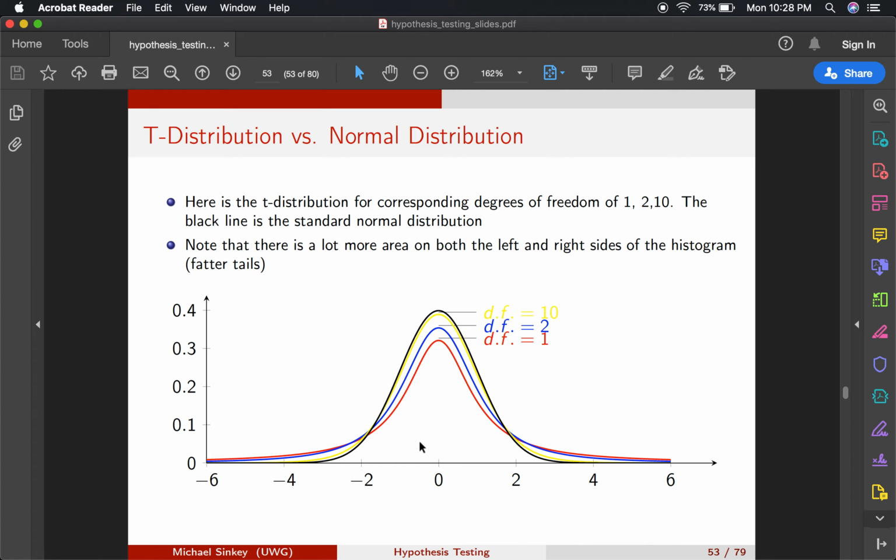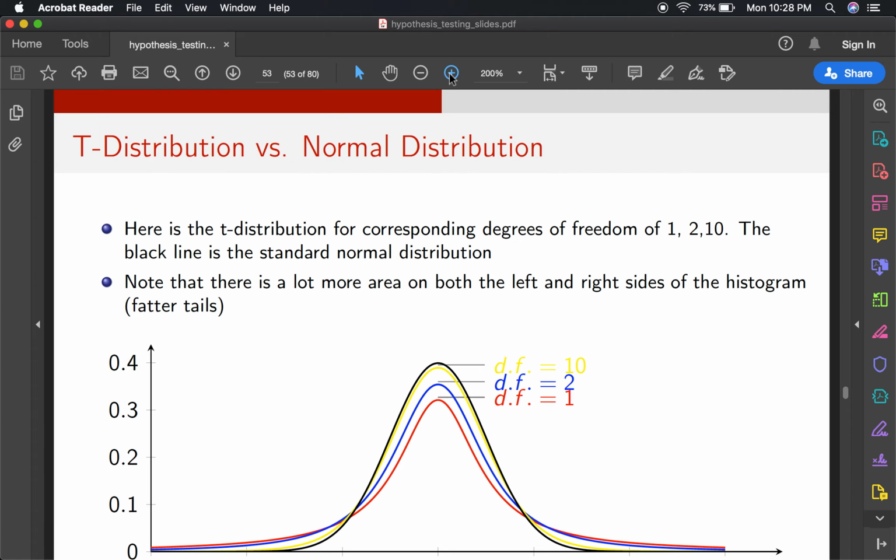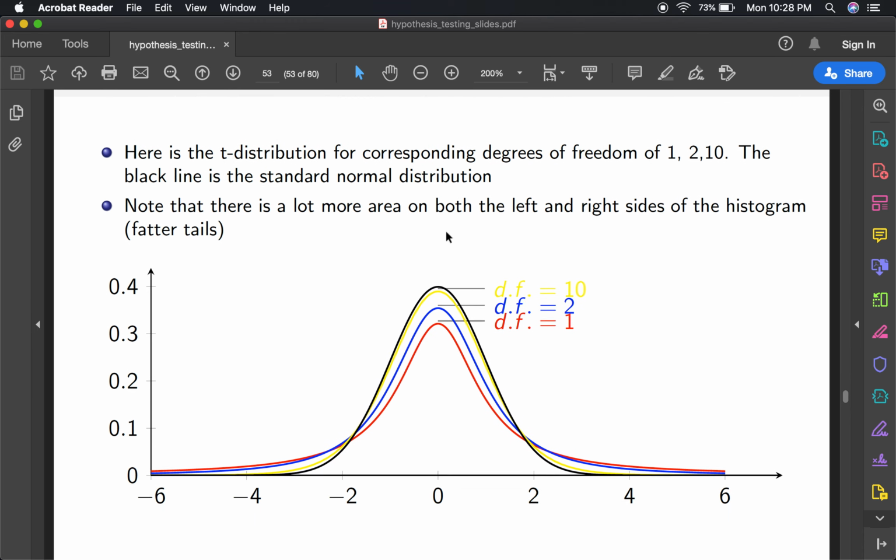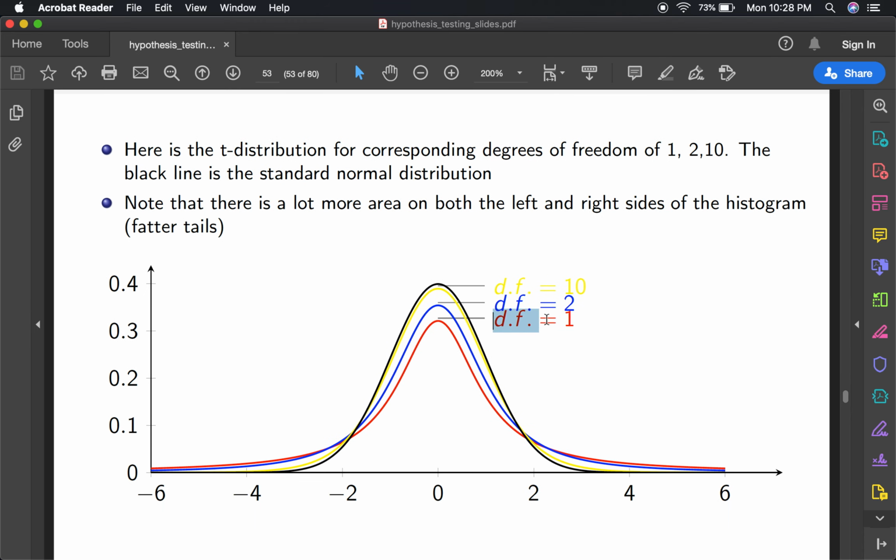Let me point out to you on this graph the differences between the t-distribution and the normal distribution. Here we have degrees of freedom of 1. That means we have just 2 observations in our data set. Take a look at this red line right here. The x-axis represents a range of test statistics.